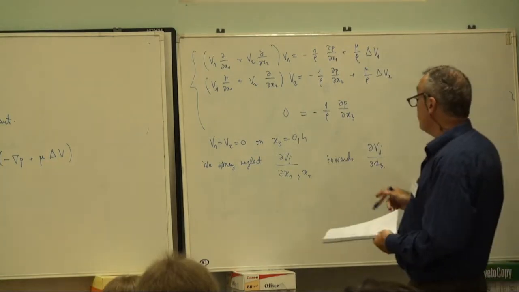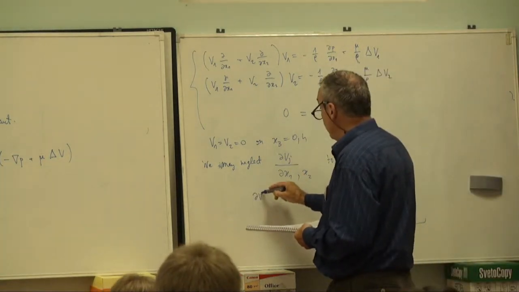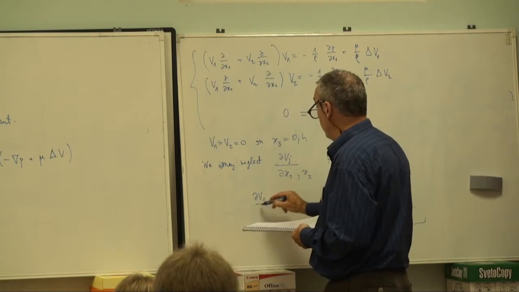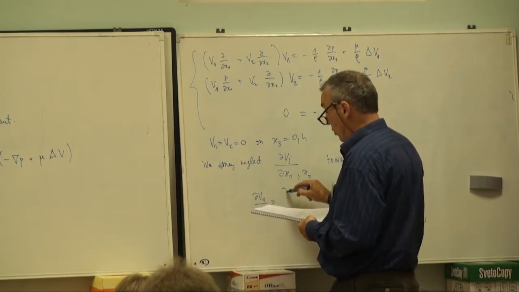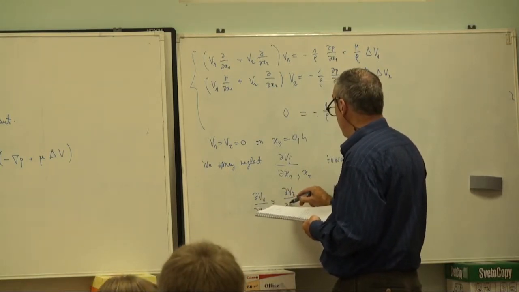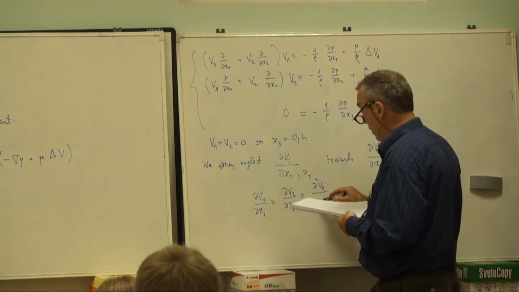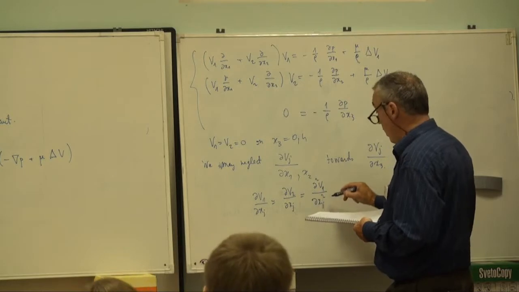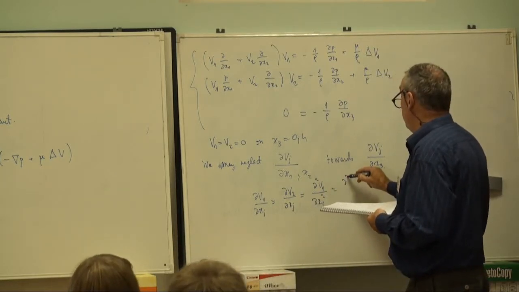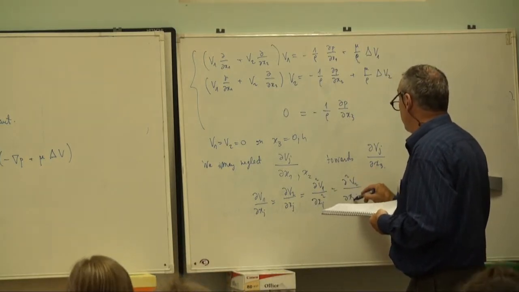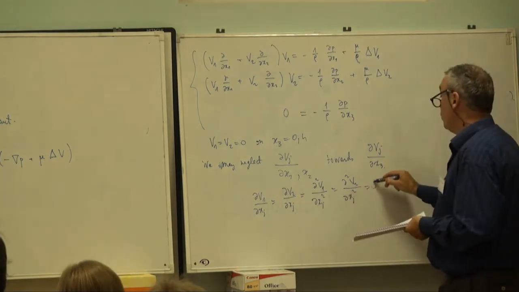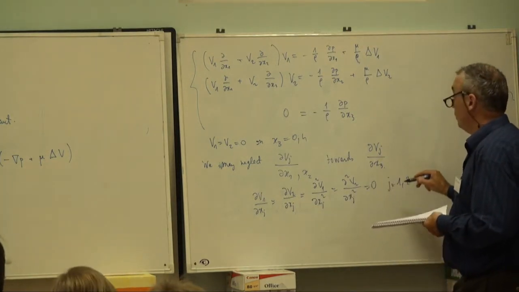Okay, so in other words, we say that dv1 over dxj is equal to dv2 over dxj is equal to d2v1 over dxj square is equal to d2v2 over dxj square is equal to 0 for j equals 1, 2.